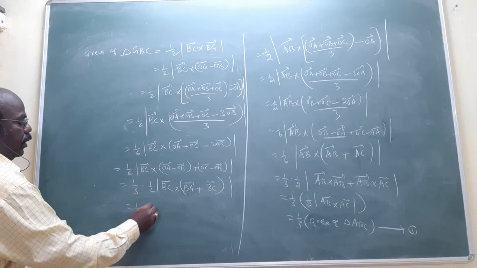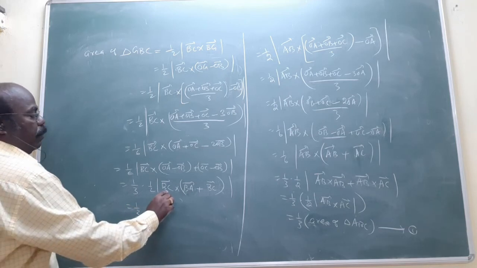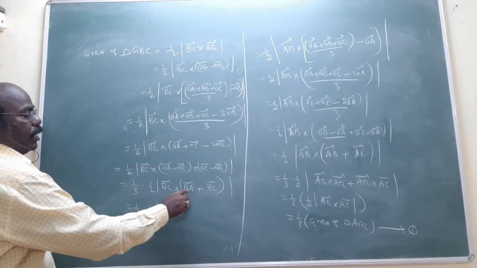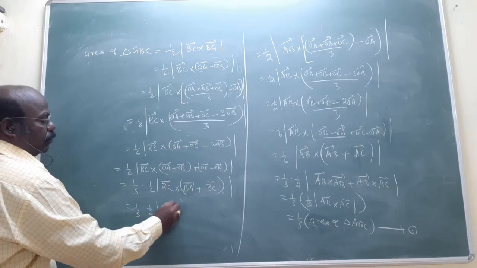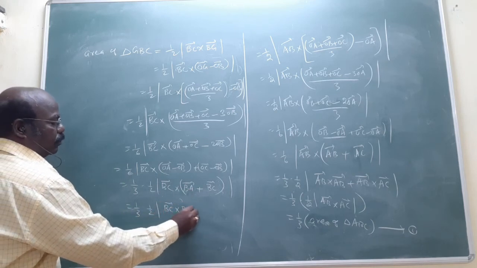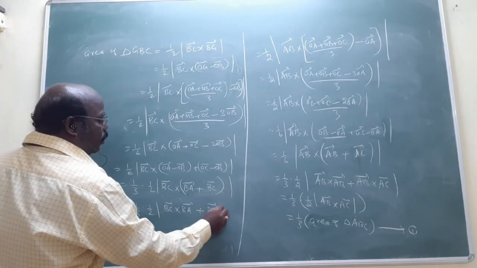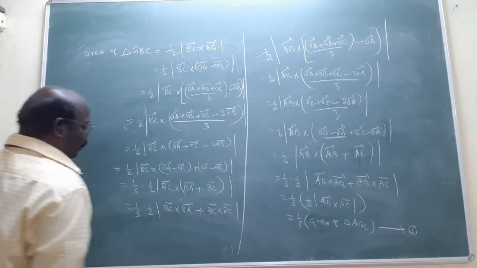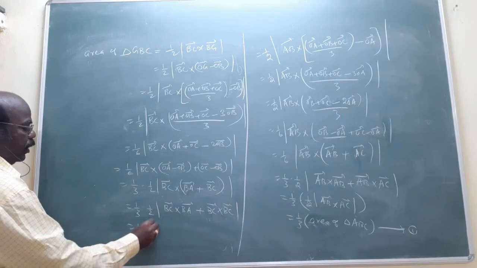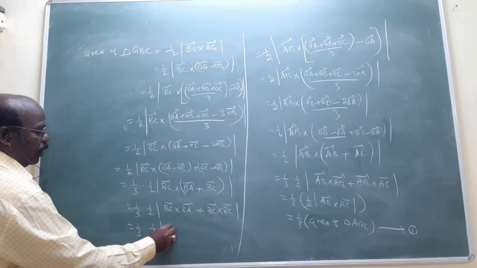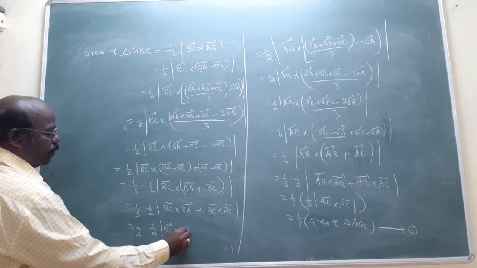1 by 3 into 1 by 2 into BC cross BA plus BC cross BC. BC cross BC is 0. That's why 1 by 3 into 1 by 2 into BC cross BA.